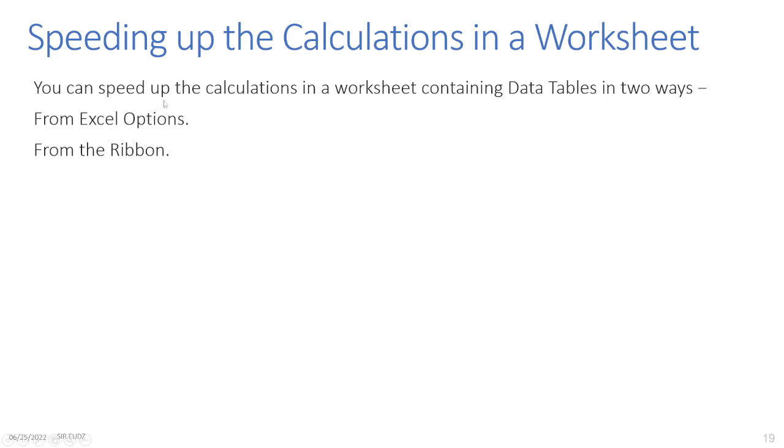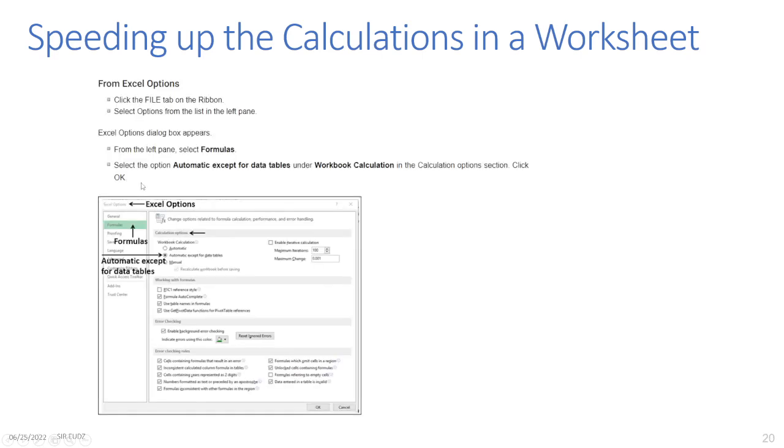You can speed up the calculations in a worksheet containing data tables in two ways, from Excel Options or from the ribbon. When we speed up using Excel Options, this is what we do. We click the File tab on the ribbon, that's at the leftmost, then click Options from the list in the left pane. Then the Excel Options dialog box appears.